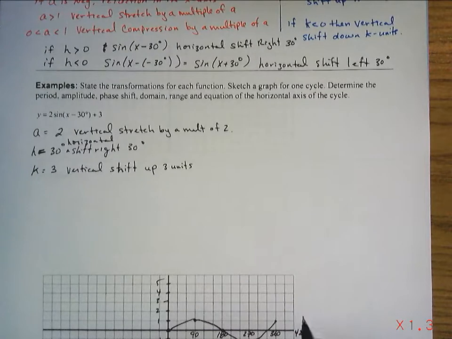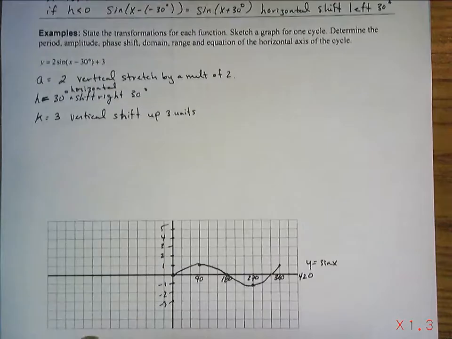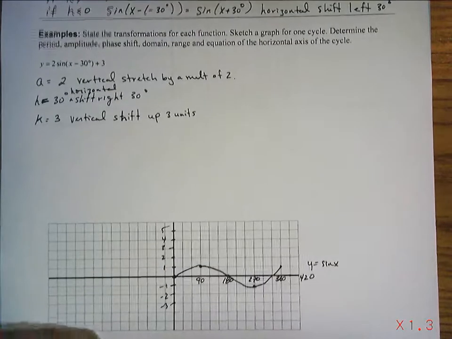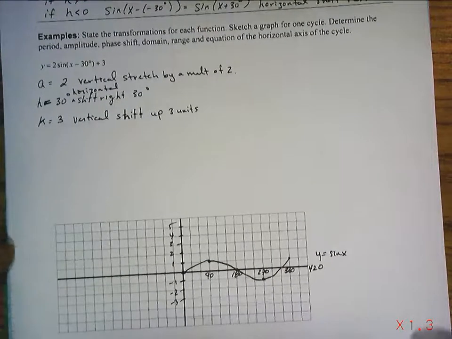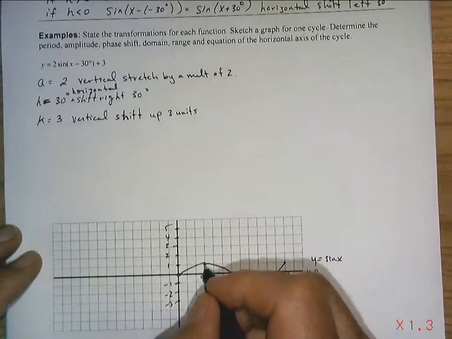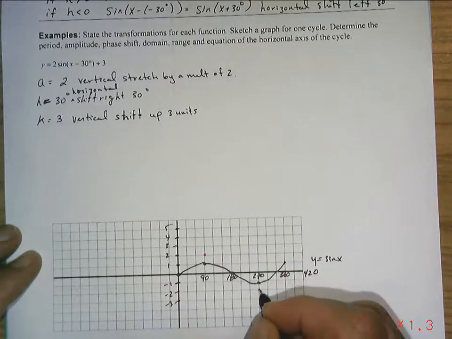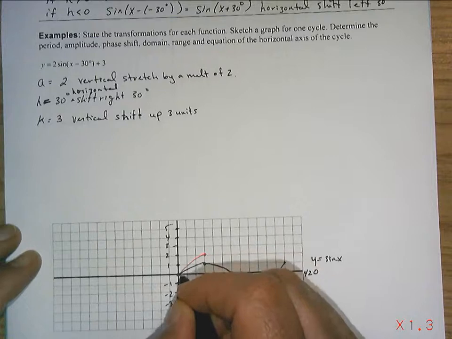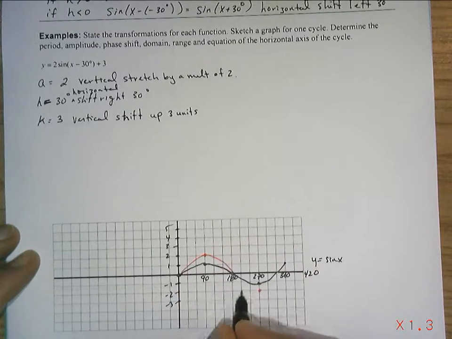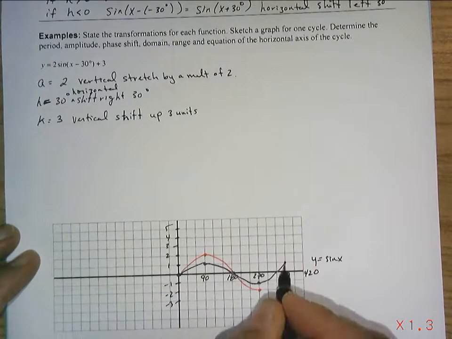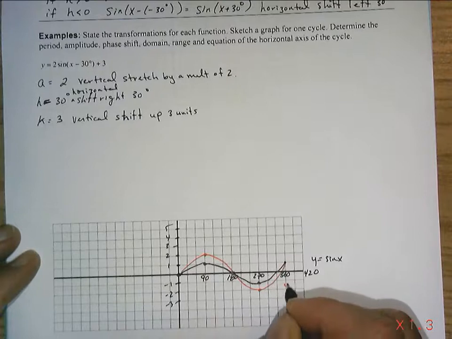And that is not what they asked for, but that's that curve. That's what I would sketch first. And then I would do everything else. I would do a vertical stretch by a multiple of 2. So this would go up to here, and this one would go down to here. So that would be my new curve.